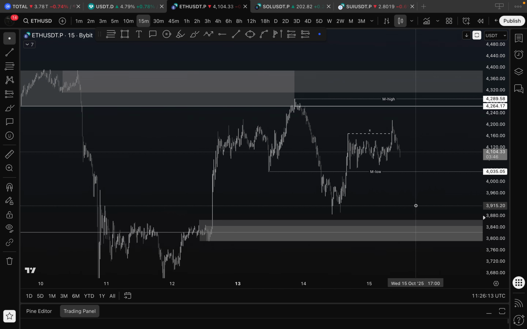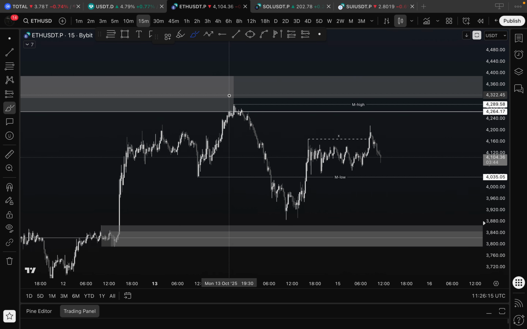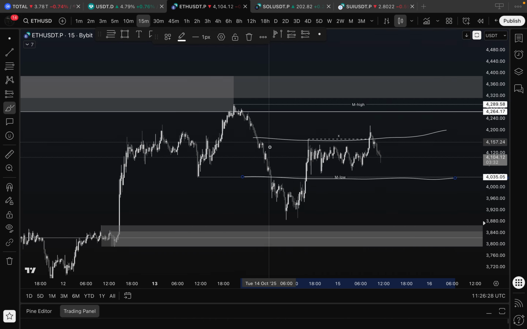Then we can see that on the weekly, this is our range high, this is our range low. Both have very little price action with only some liquidity. This is also some liquidity. And this is where all the value is. So this is, let's say, the current value.